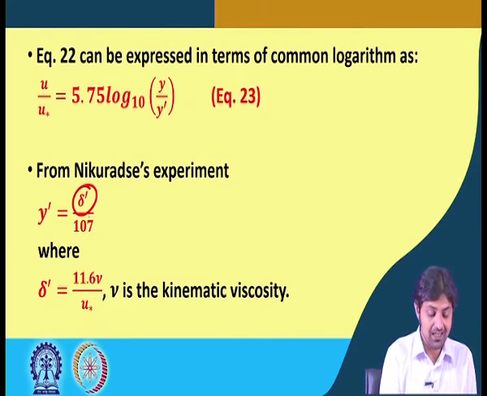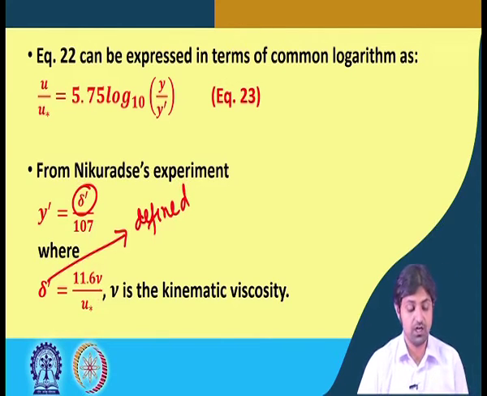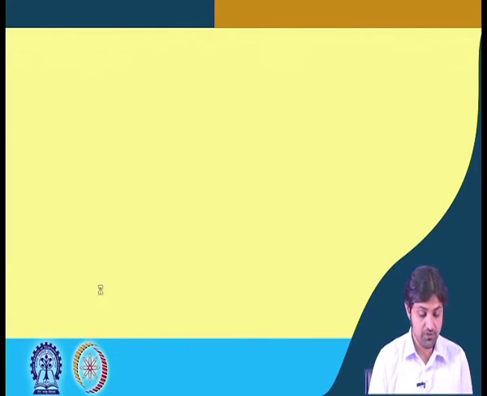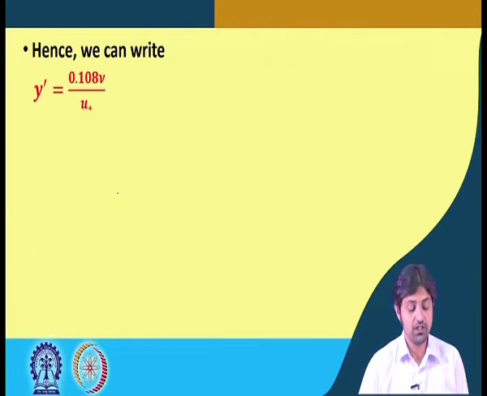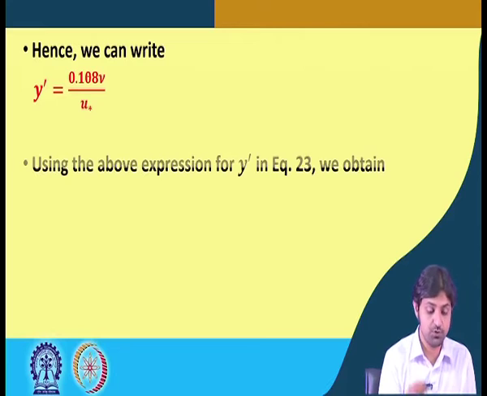This has been defined not in this course, but we know that delta prime is 11.6 nu by u star. Therefore, if we use this and put it into this equation, we can write y prime is 0.108 nu by u star, just simple substitution.